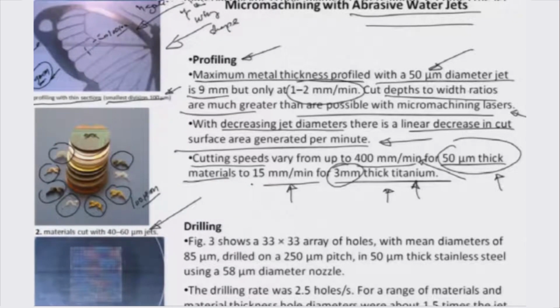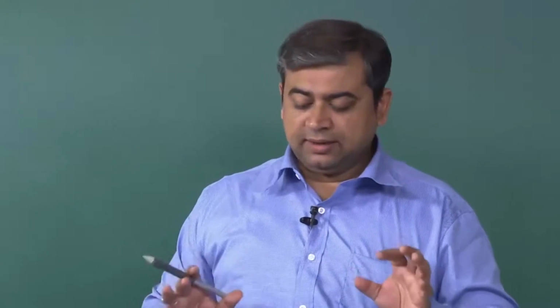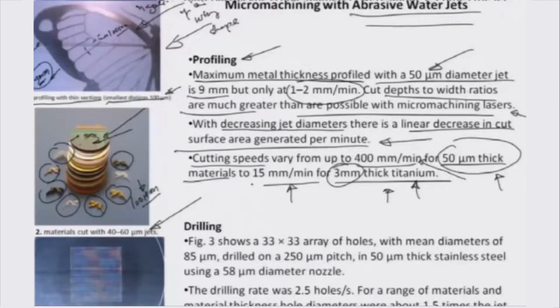So, the minimum feature size on this dragon must be close to about 100 microns, again with a 40 to 60 micrometer jet, and this has been obtained from this particular sheet by using a well lithographed mask on the surface, which would expose only those regions of the surface which do not have any protection or coating. The other regions covered by the masks are intact, as you can see here. Okay. The other regions are right here, and the area which has been unshielded is what has come out after the machining process is over, something like this.